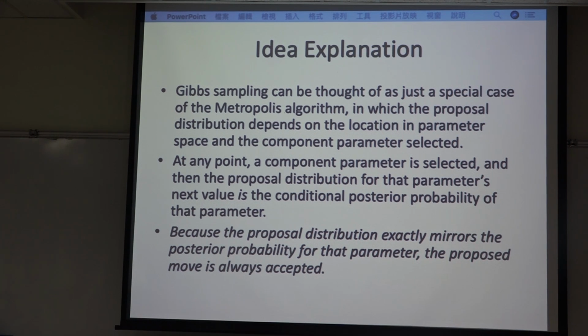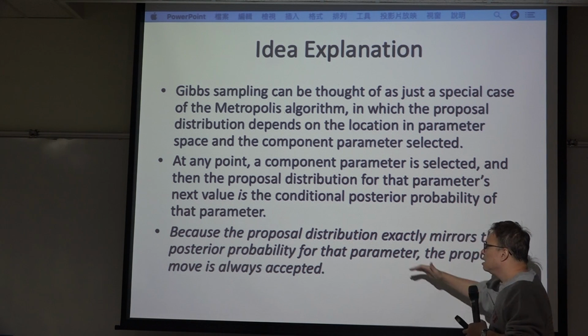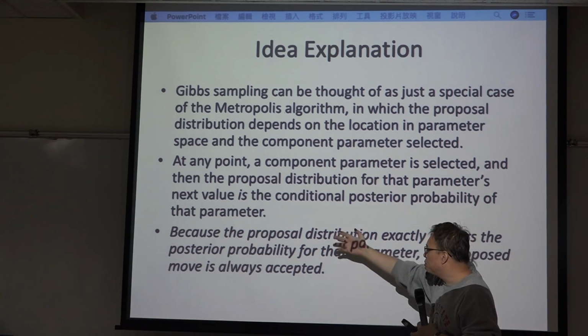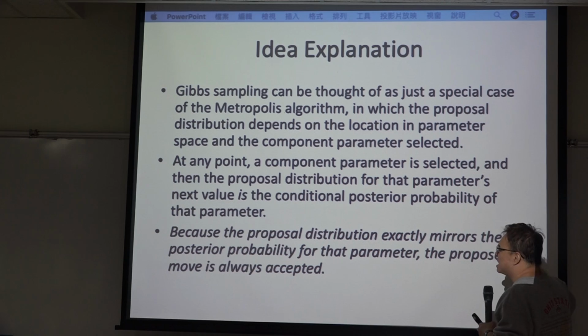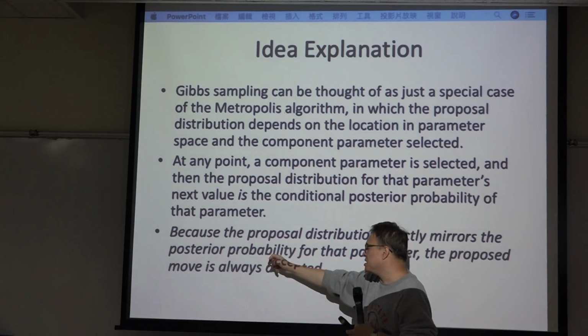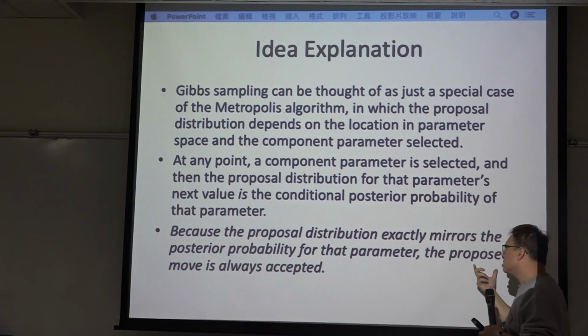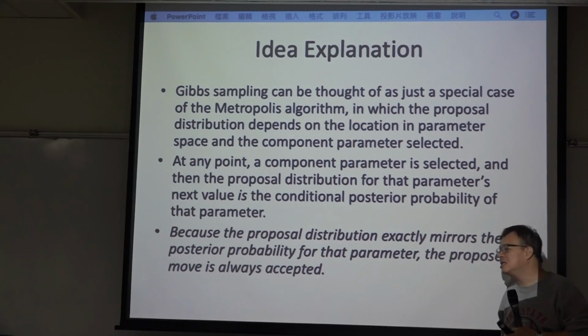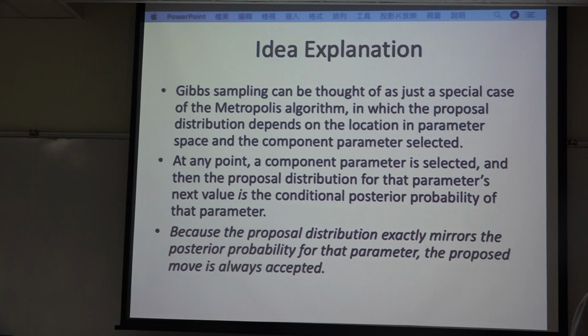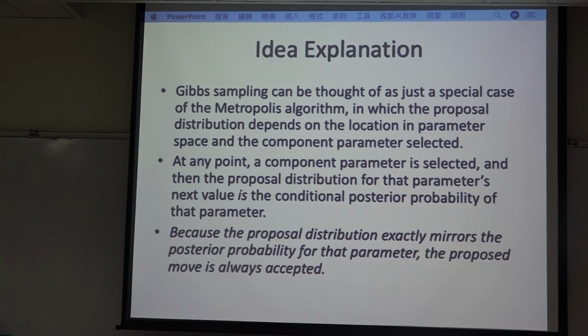But in Gibbs sampling, you don't need to do that, because the proposal distribution is exactly the posterior probability distribution. So the proposed move is always accepted. This is very important. That's why Gibbs sampling is much more efficient, much more effective.